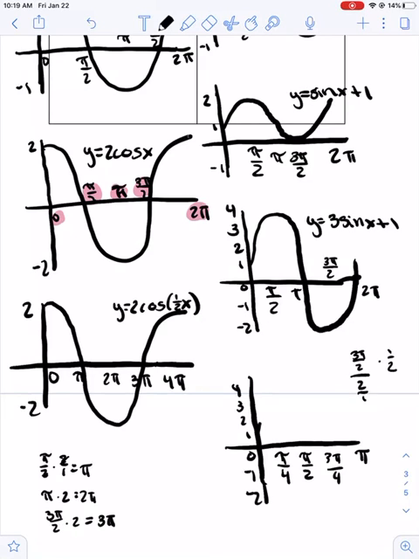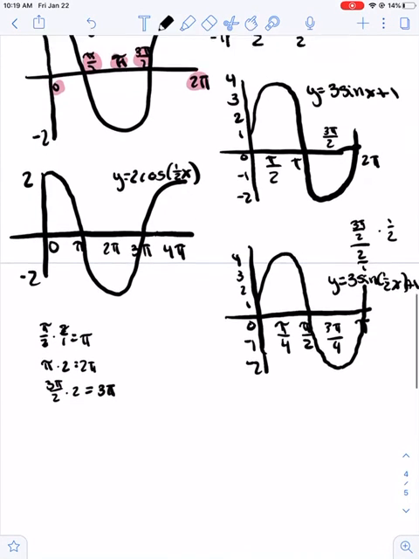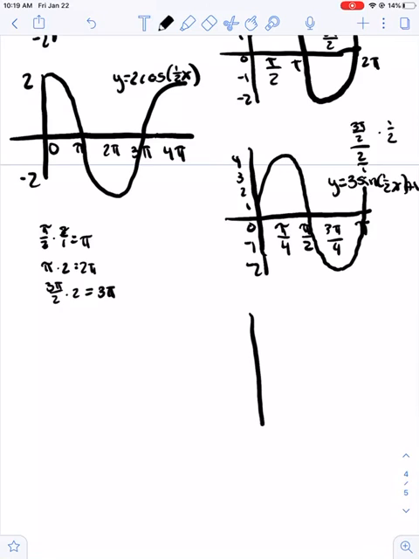And then we're just going to redraw what we drew. So we're going to go up, back down, back up to 1. And this is y equals 3 sine 1/2 x plus 1. So lastly, we just have to take care of the reflection. I'm going to redraw just what we just drew.